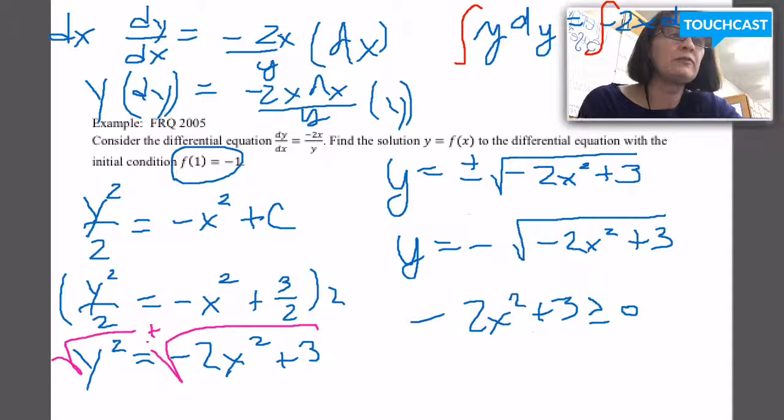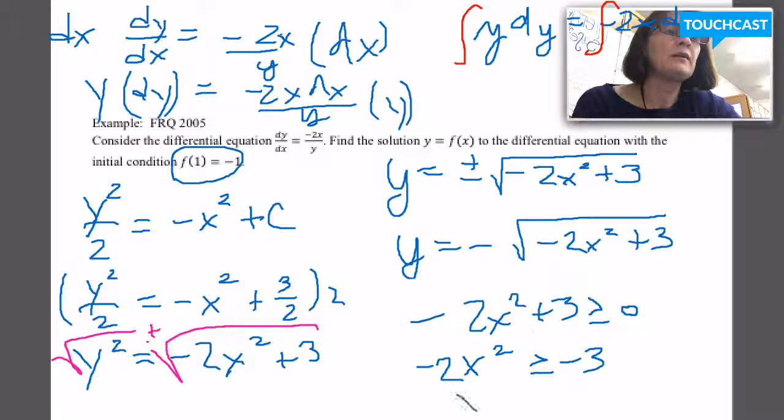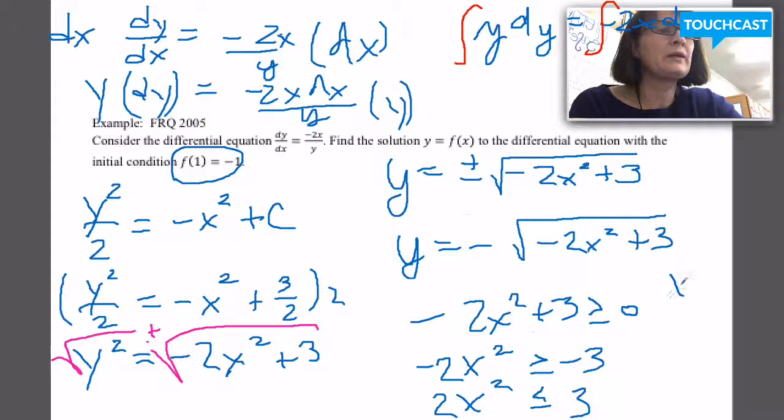So we're just going to isolate the x here. So negative 2x squared is greater than or equal to negative 3. So 2x squared is less than or equal to positive 3. We have x squared is less than or equal to 3/2.